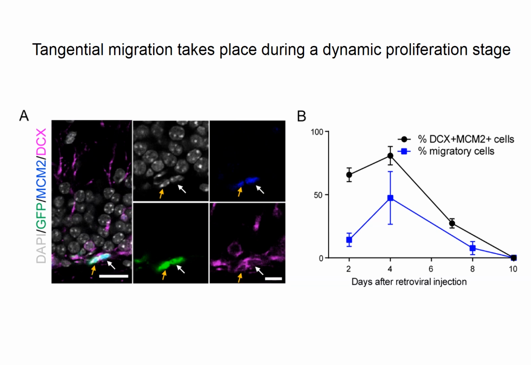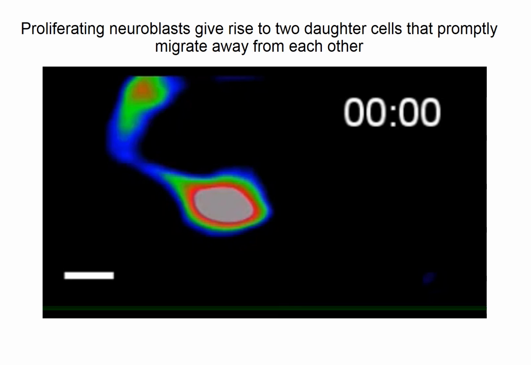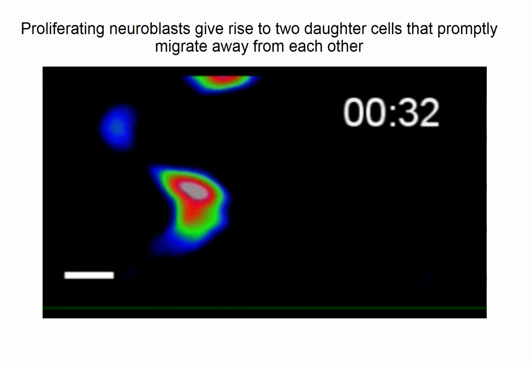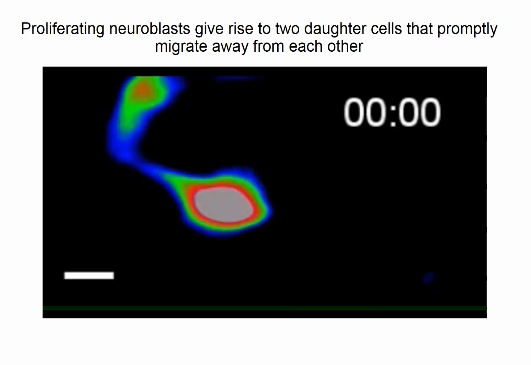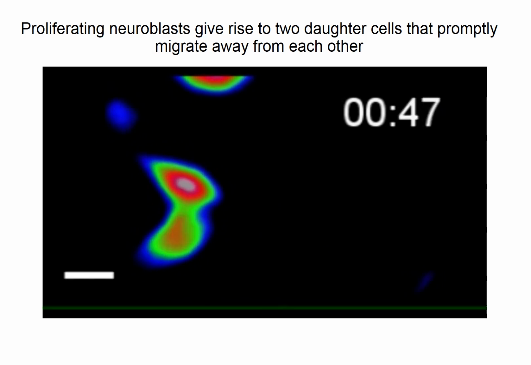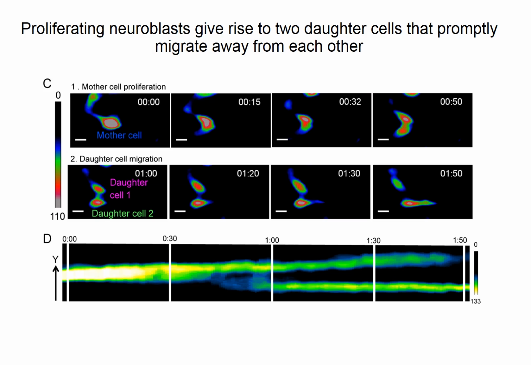Then the question we want to ask is, what are the cell dynamics associated with proliferation? This is the migrating cells, and the mother cell divides and becomes two daughter cells, and the two daughter cells just move away from each other. This is the breakdown of the cells.